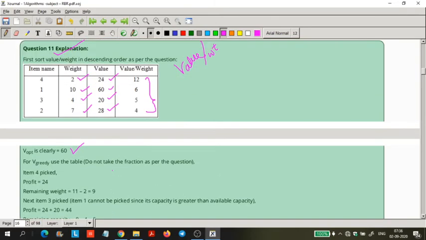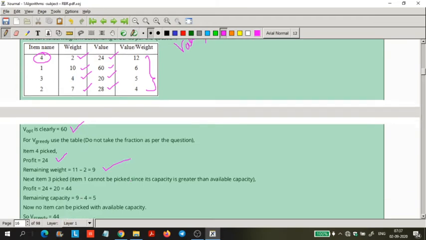So item 4 is picked with a profit of 24, and the remaining weight is 11 minus 2, so that is 9.